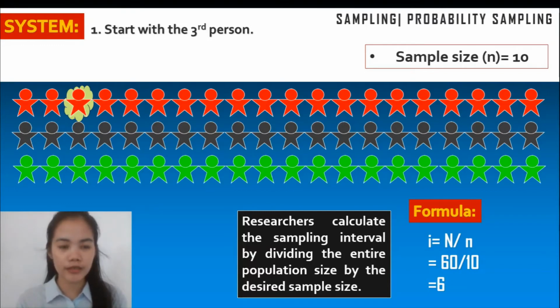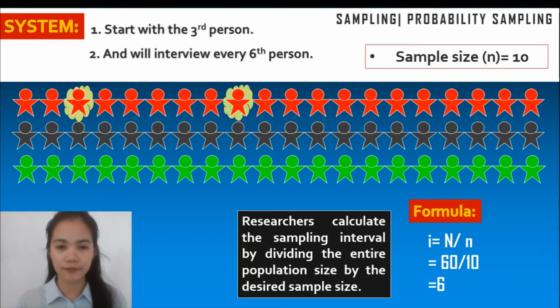So from our starting point, the third person, we are going to count 6. 1, 2, 3, 4, 5, 6. That person will be included as our sample.